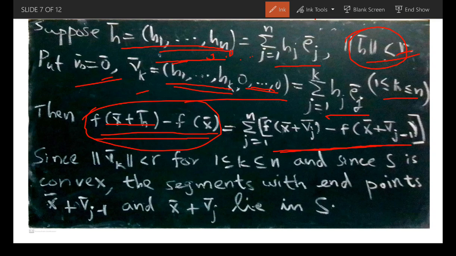So norm of Vk, what is that? Square root of h1 square plus etc. plus hk square, that is less than or equal to square root of modulus of h1 square plus etc. plus modulus of hn square, which itself is less than r. So norm of Vk is also less than r. Understand?